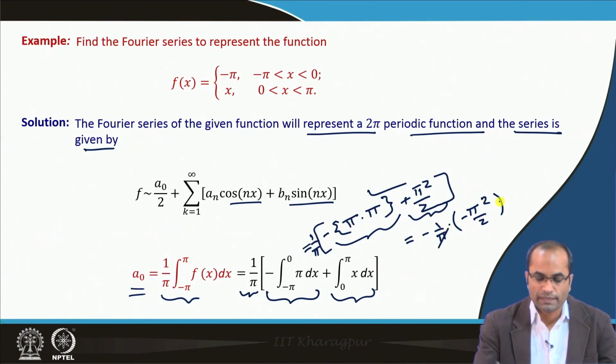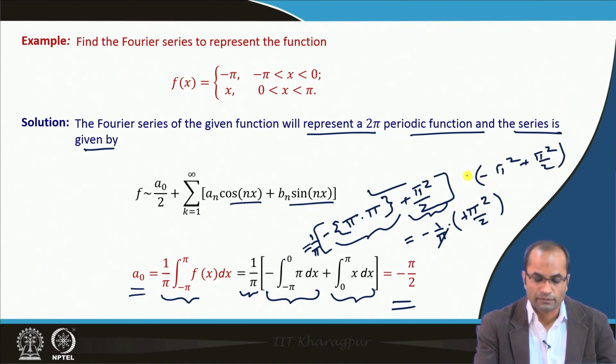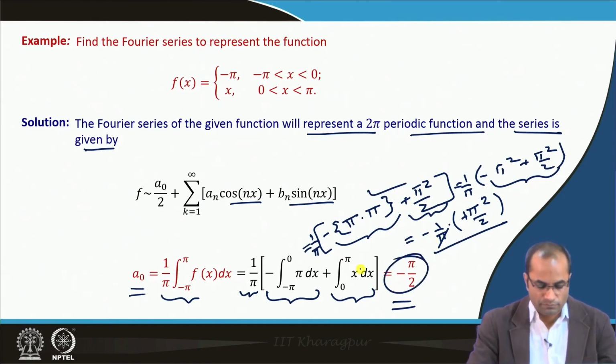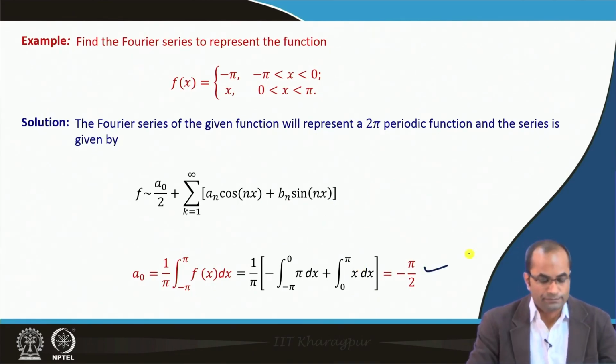This pi gets cancelled, and we get just pi by 2 with a minus sign, because this was minus pi square, and then we had this plus pi square by 2 in the bracket, and the 1 over pi was sitting outside. So, minus pi square by 2 is coming with 1 over pi, and we are getting minus 1 by 2 times pi.